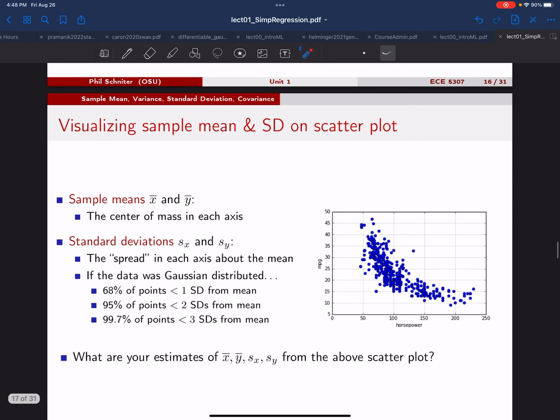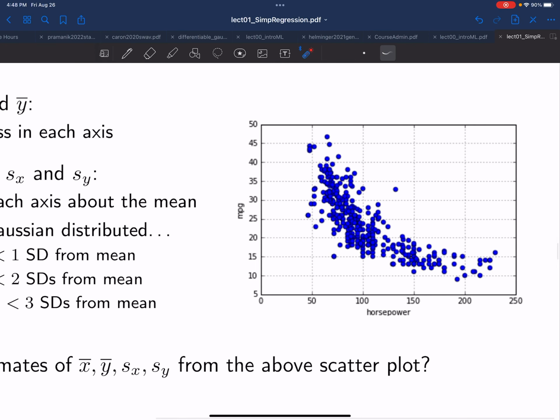Okay, so just for a little bit of practice here, what do you think the sample mean would be of the horsepower based on this picture? Guess. About 100. Okay, sure. What about the miles per gallon? 25, right.